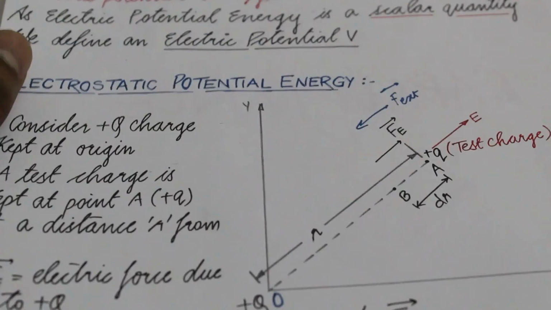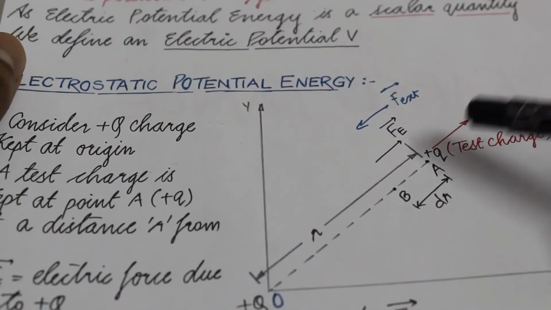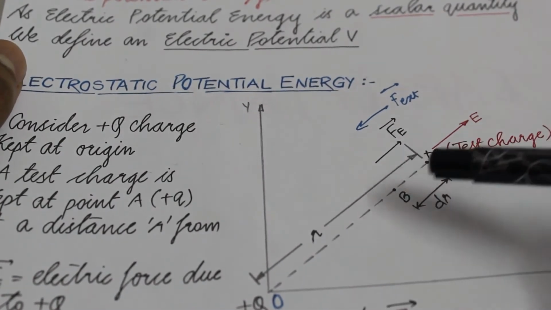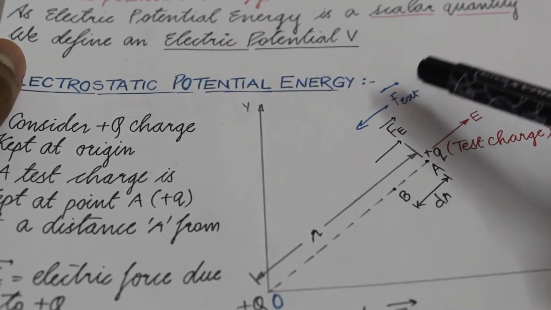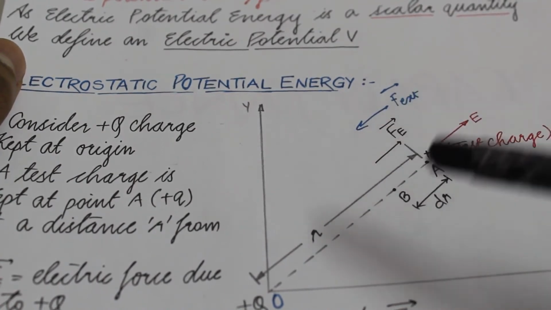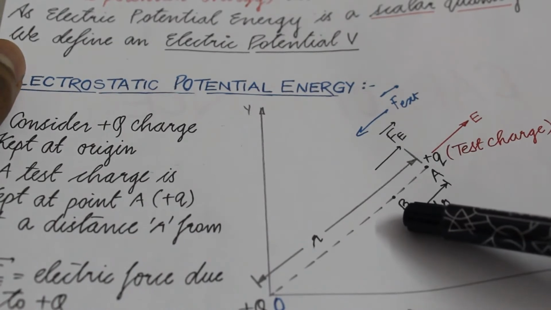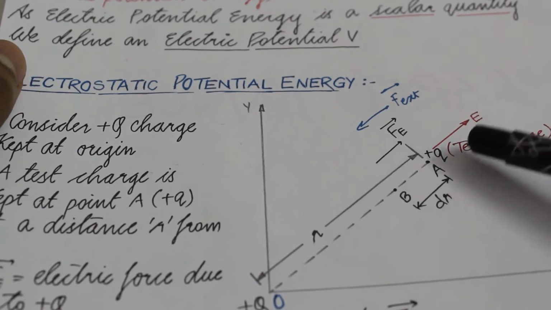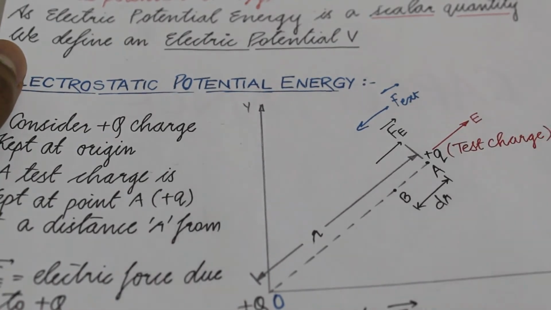Now what will happen after the body comes to point B? It means the plus q charge moves from A to B and we remove this external force. As we know, then due to this Fe, the charge plus q will start moving away from B and it will acquire a velocity. If it acquires a velocity, it means it will have some kinetic energy.